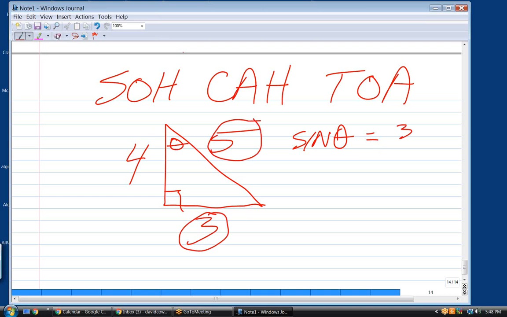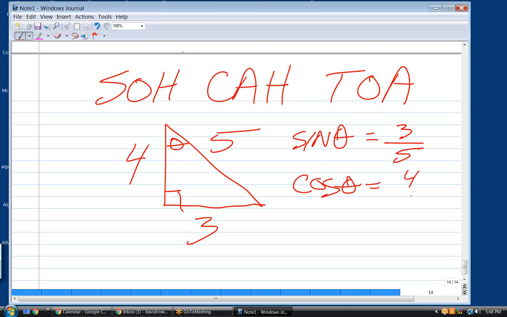Oh, I wasn't looking at the hypotenuse. The longest side of a right triangle is always the hypotenuse. The hypotenuse is always opposite the right angle. So it's 3 divided by 5. What is the cosine of theta? 4/5. And what is the tangent of theta? 3/4.